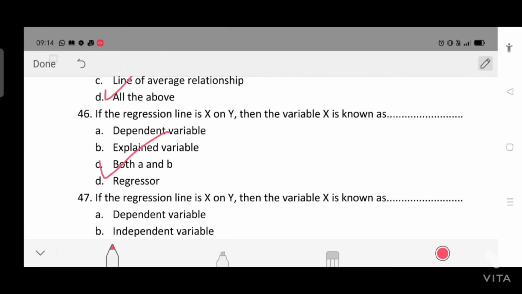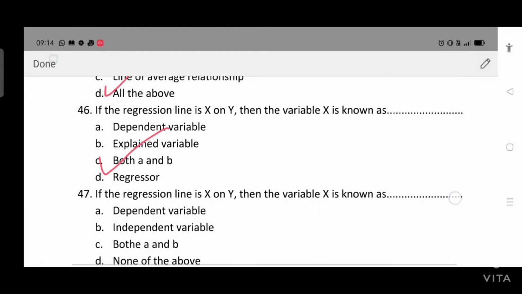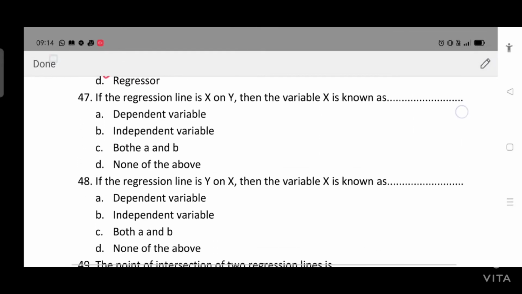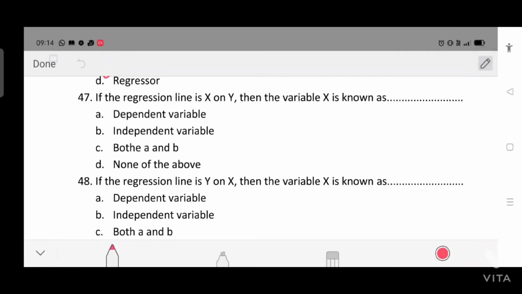Question number 47. If the regression line is x on y, then the variable x is known as A, B, C, D. A, dependent variable. Question number 48.